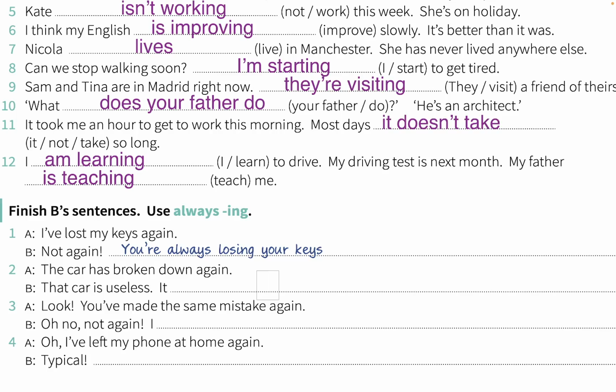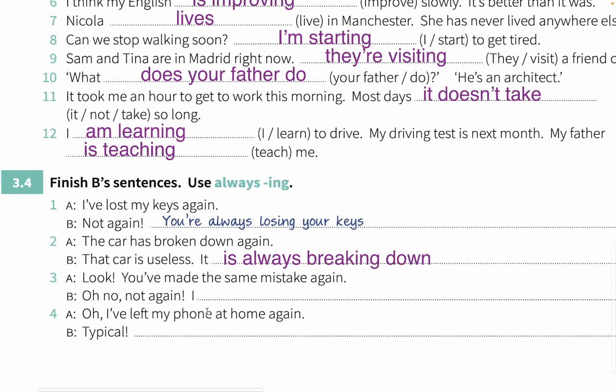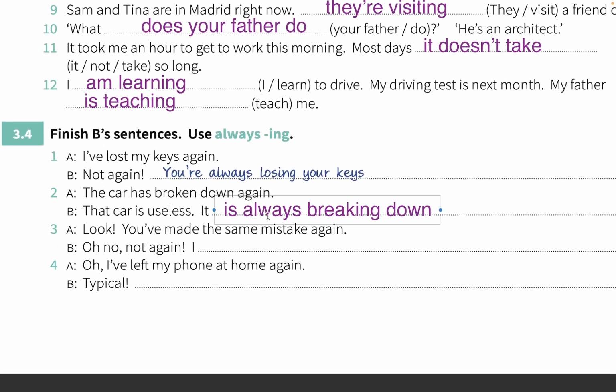That car is useless. It is always breaking down. Jadi we have it's always, and we use break with ing and down, so it's breaking down and not broken down, because this is the present continuous. Is that clear?